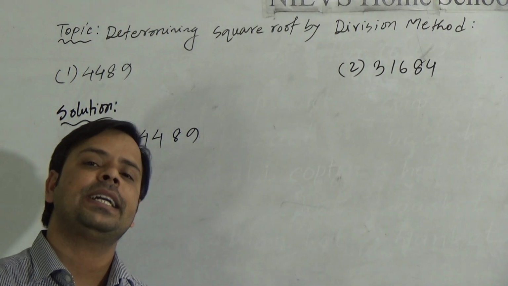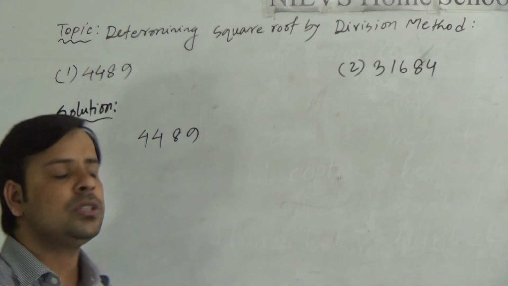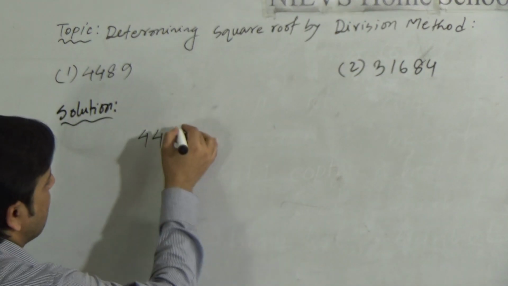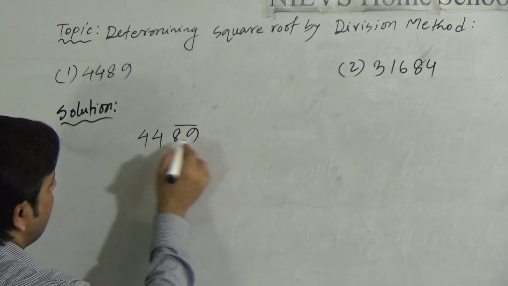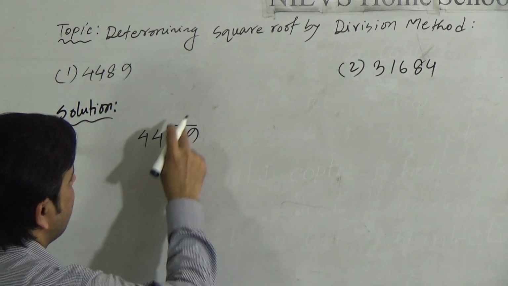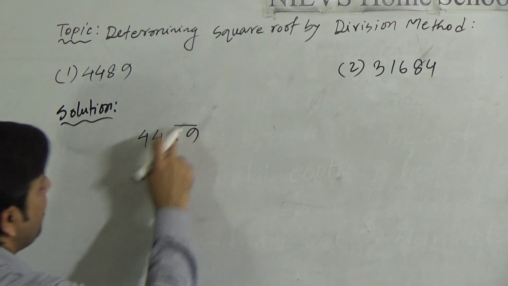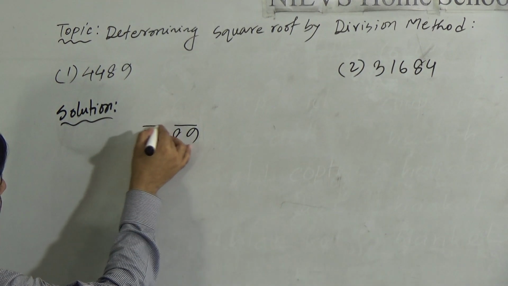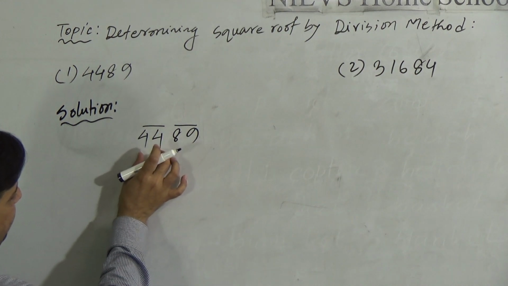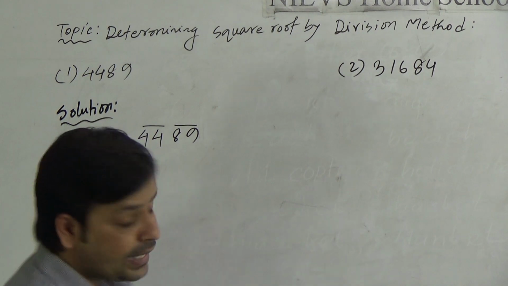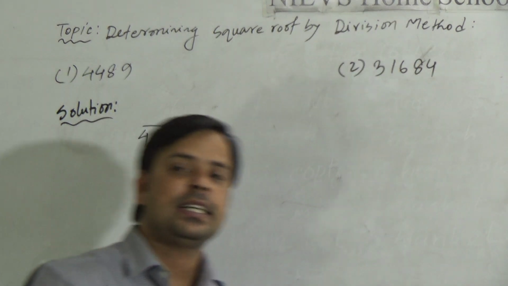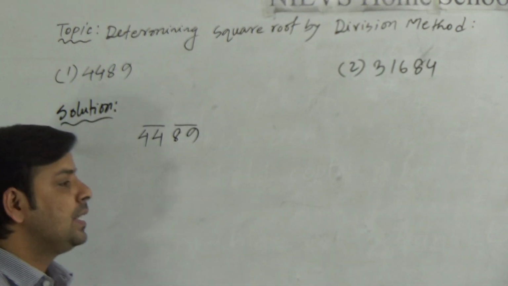You have to indicate the pair of digits and use a horizontal line above each pair. You can call this a bar. So this is one pair, this is one pair. So the first rule is you have to indicate the pairs of digits.